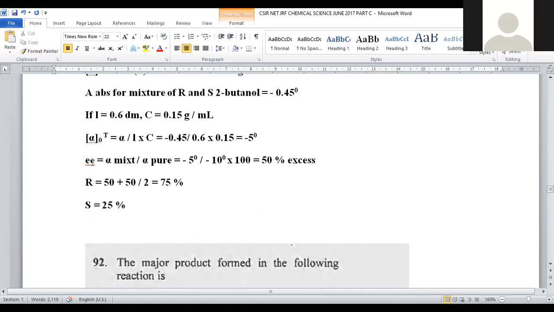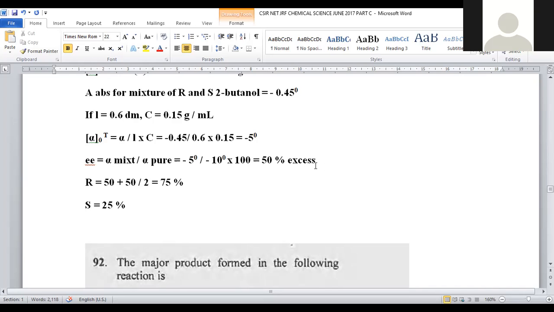It is equal to alpha of the mixture by alpha of the pure compound, that is the specific rotation of the mixture, minus 5 degrees, by the pure compound, minus 10 degrees, into 100 since it is in percentage form. So it will become 50% excess.